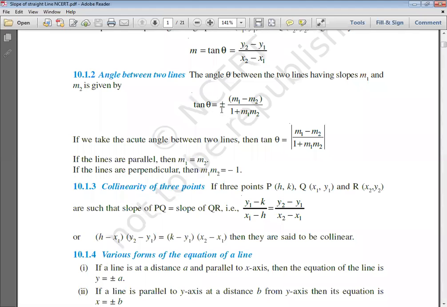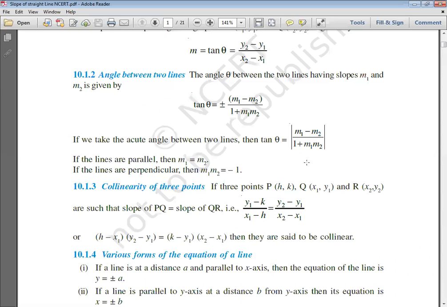So to remove this confusion, we simply formulate with this one. Just below you see the relation, tan theta is equal to modulus of m1 minus m2 divided by 1 plus m1 m2. So here plus minus is not considered. Instead of plus minus, we consider modulus, because modulus always gives a positive result.